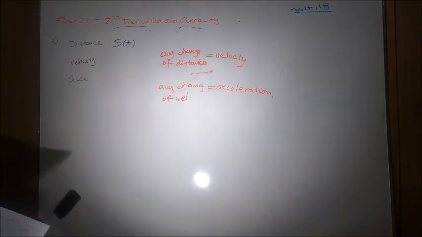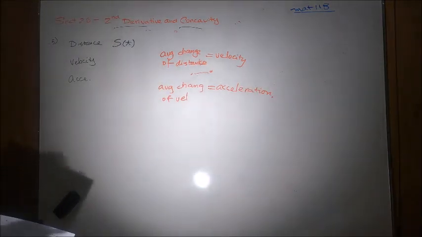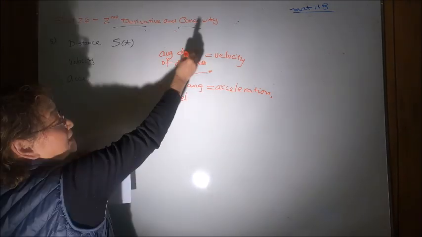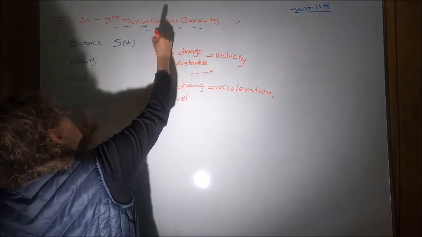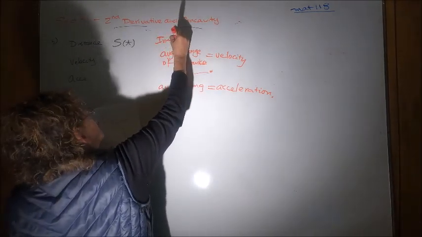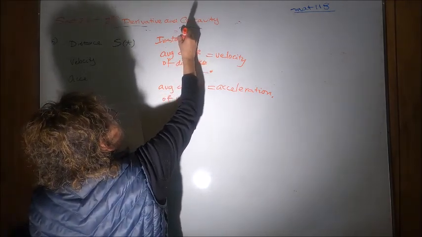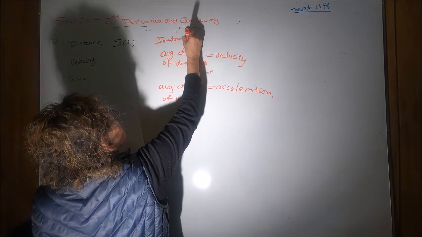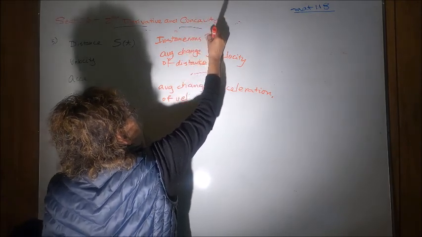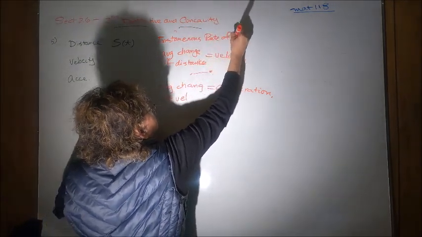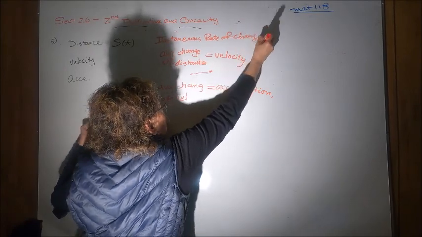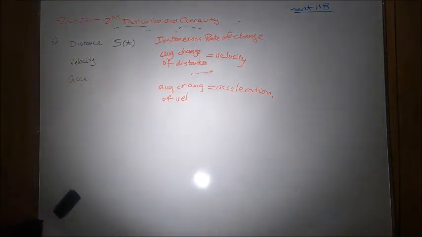Okay, right? Then, that's the average. So if we try to find the instantaneous rate of change at that moment, that would be what? The derivative.